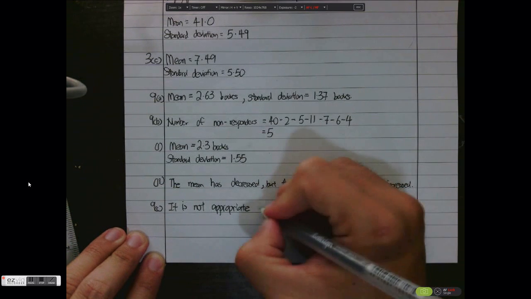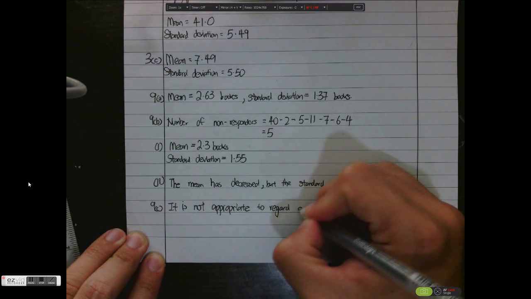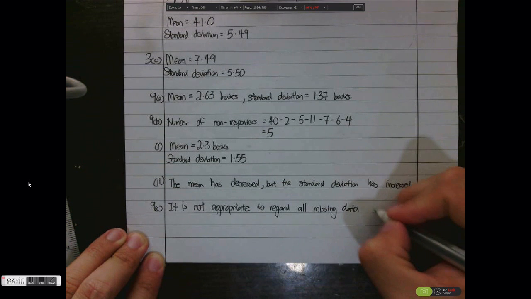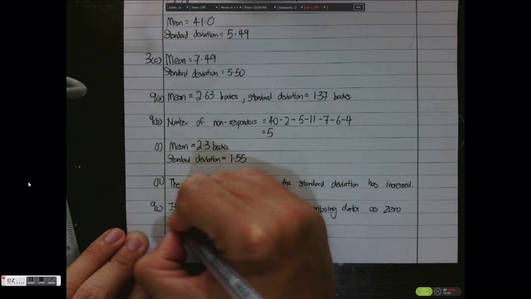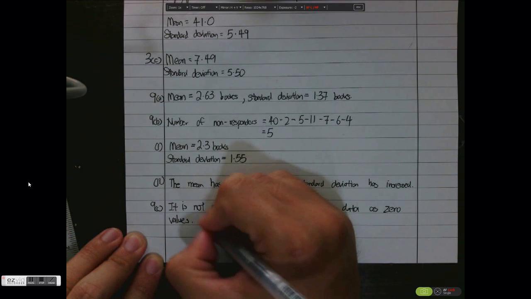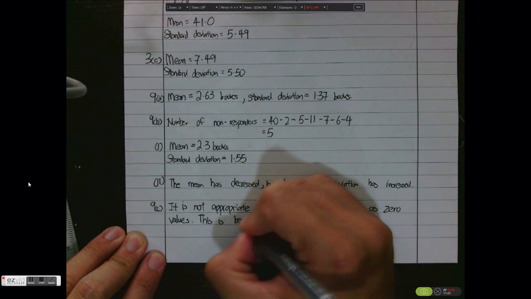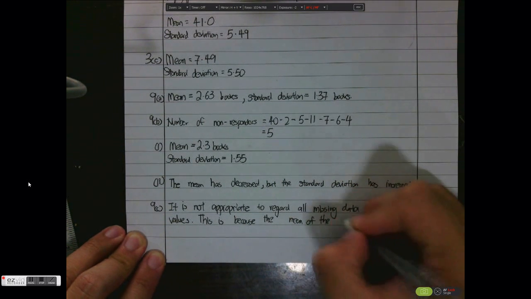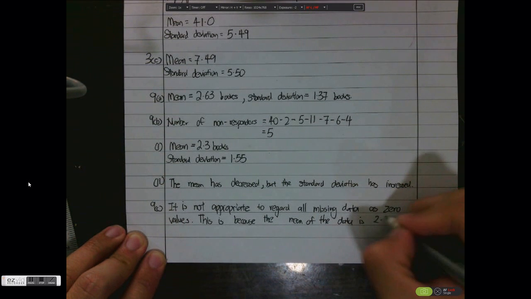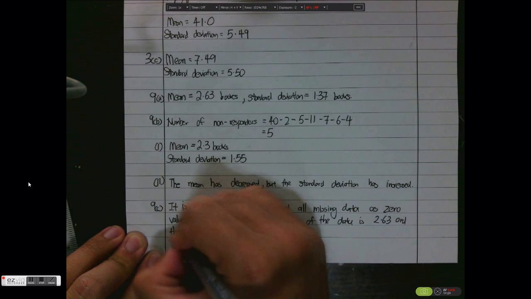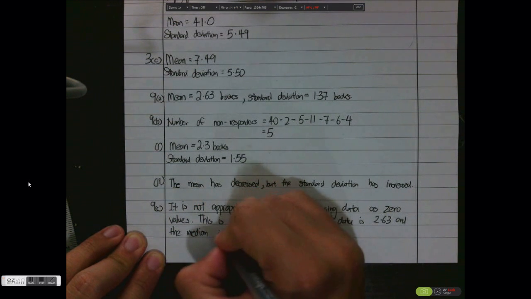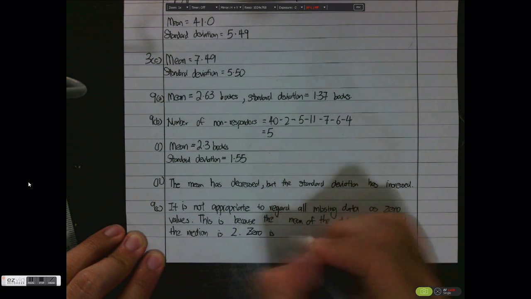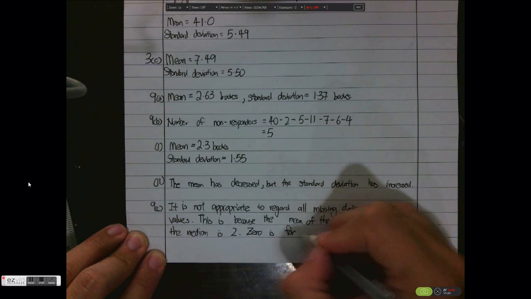It is not appropriate to regard all missing data as 0 values. This is because, as I have explained just now, the mean of the data is 2.63 and the median is 2. When you choose 0, 0 is far from these average values.